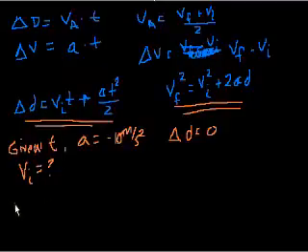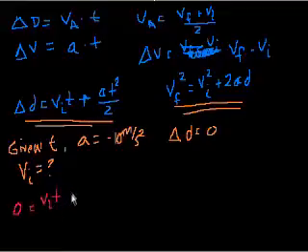So in this situation, change in distance is 0. Change in distance is 0, right? Change in distance is 0, which is equal to VI times time, plus, and let me put the g in here, minus 10 meters per second squared divided by 2.